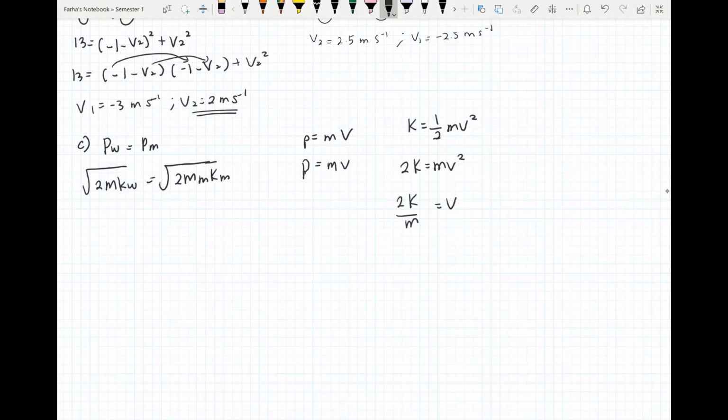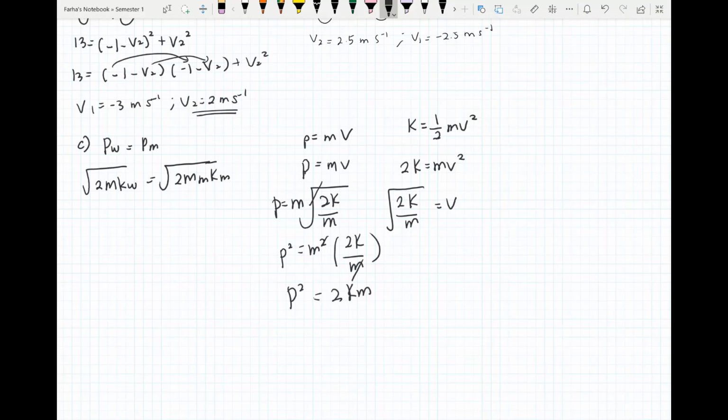So kita rearrange 2k over m square root equals to v. Then kita masukkan ke dalam persamaan momentum P equals to m square root 2k over m. Dan kita simplifykan dia. Okay, so kita akan cancel out the surd. So dia akan jadi momentum square equals to 2k over m. Lastly, we get momentum square equals to 2 km and momentum equals to square root 2 km.